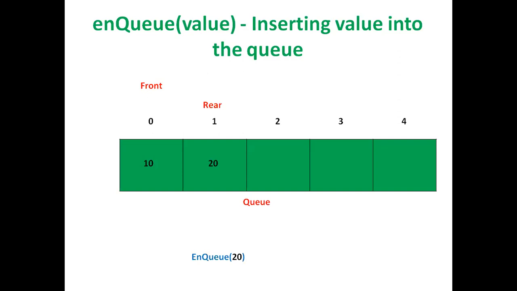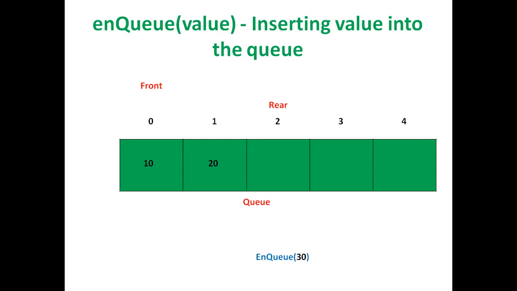Again if you want to perform the insertion operation, call enqueue 30. So our new value is 30. Again check the condition rear value is equal size -1. Rear value 1. 1 is equal to 4. Condition false. Now increment the rear value by 1, means 1 plus 1 is equal to 2.